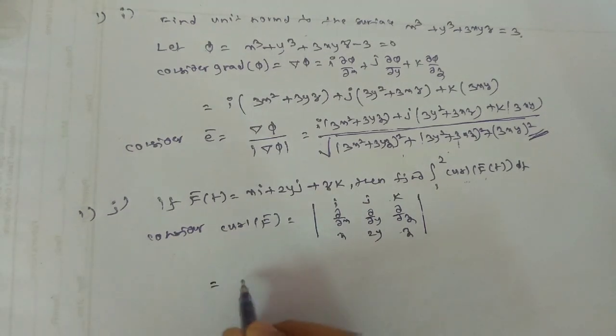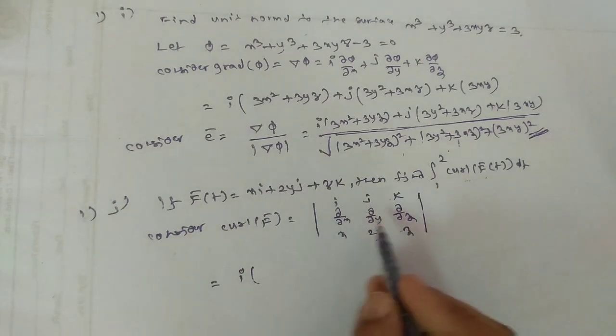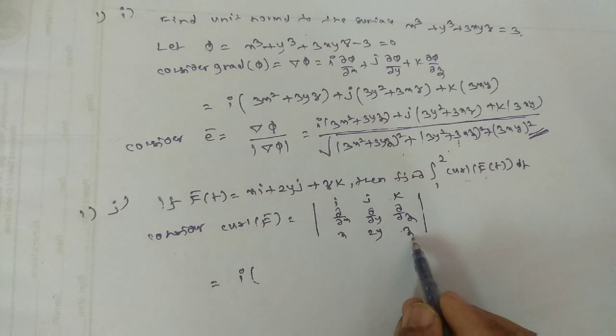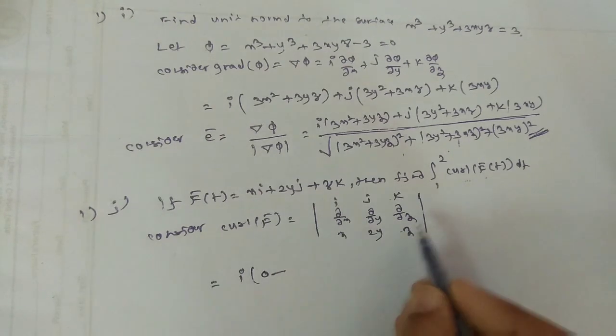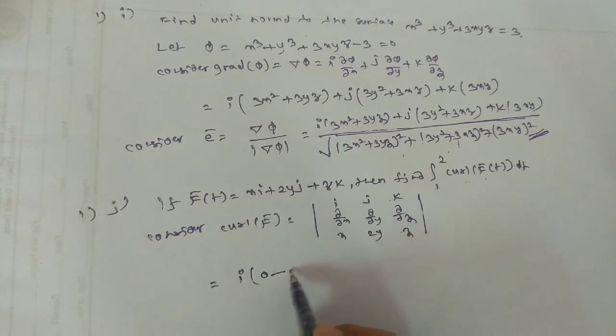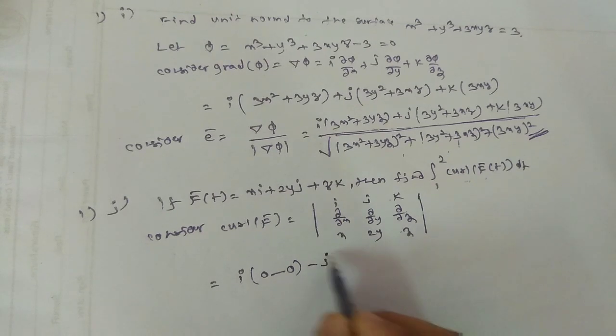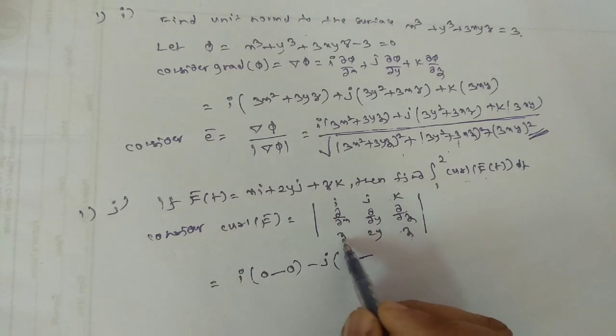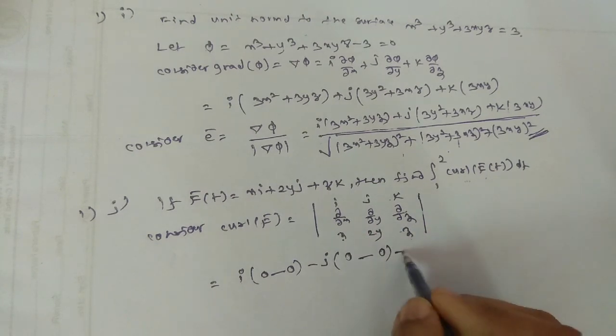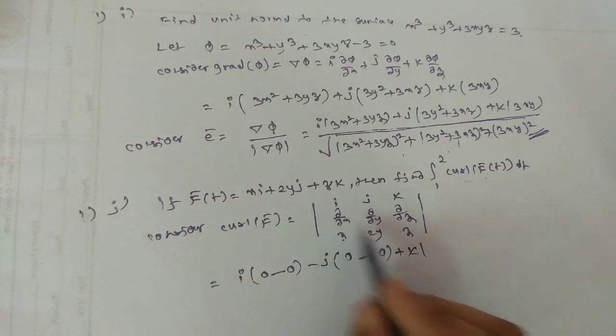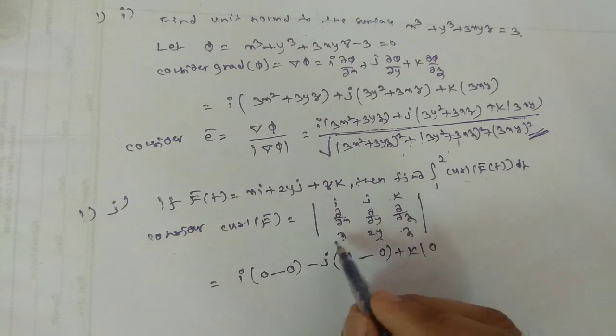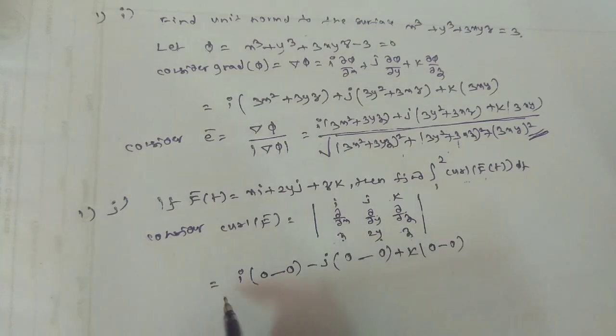So you are calculating the determinant: i times (dou by dou y of z, which is 0, minus dou by dou z of 2y, which is 0), minus j times (dou by dou x of z, 0, minus dou by dou z of x, 0), plus k times (dou by dou x of 2y, 0, there is no x term, minus dou by dou y of x, that is also 0). So finally you are getting the answer 0.